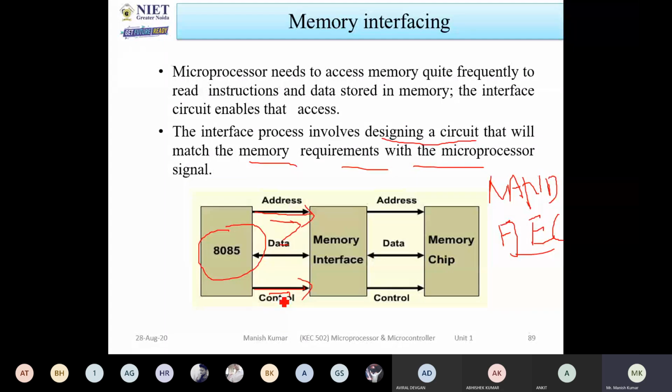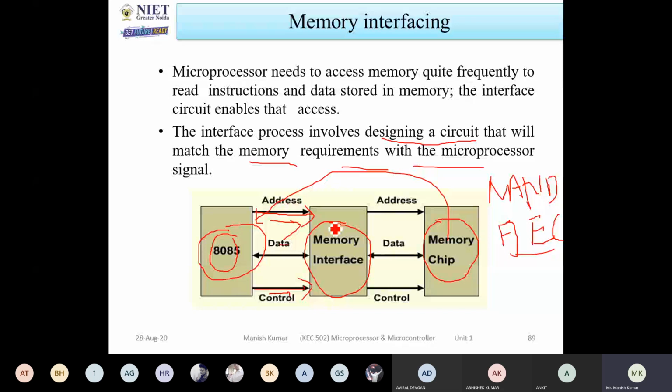Now you can see this is the memory chip which you have to connect with the processor. Between these two we have to use the memory interfacing devices, it means logic devices.